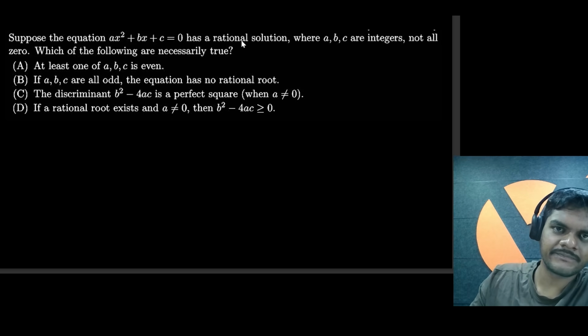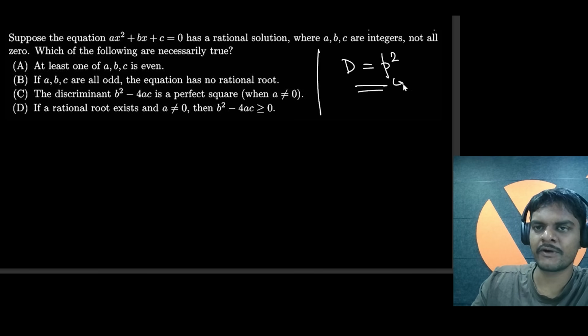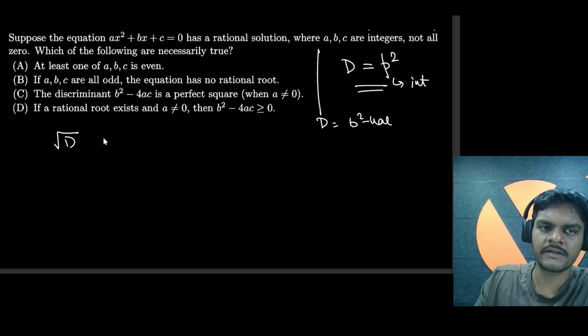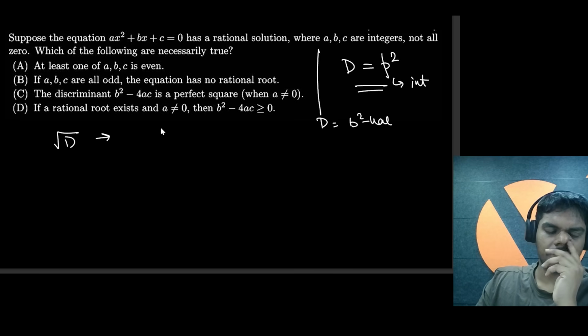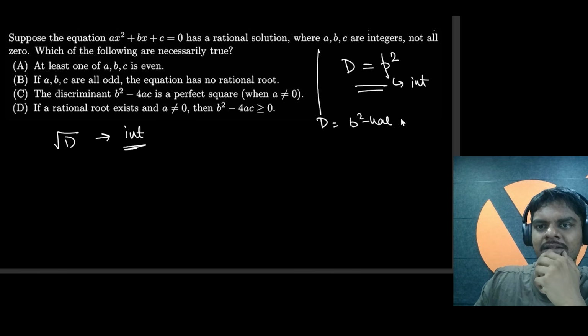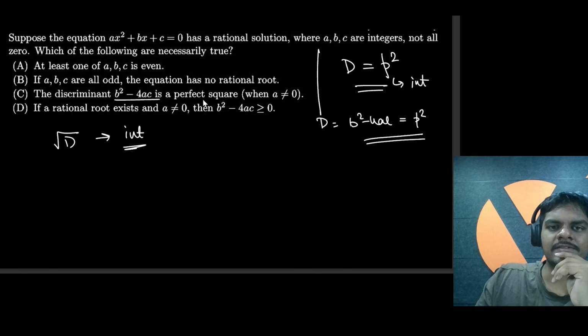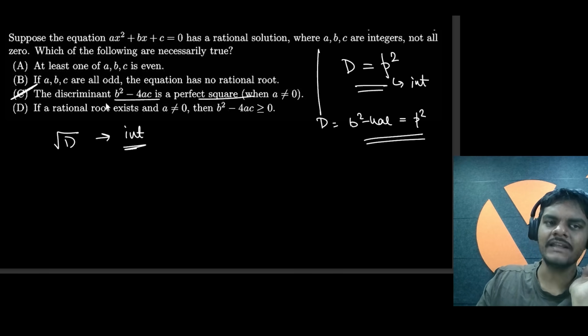First of all, if it is rational, that means the discriminant has to be a perfect square of an integer, because the discriminant is b square minus 4ac, and we want the root of the discriminant to be an integer because we want rational roots. So this has to be p square. Now this has to be a perfect square, so option C is definitely correct.